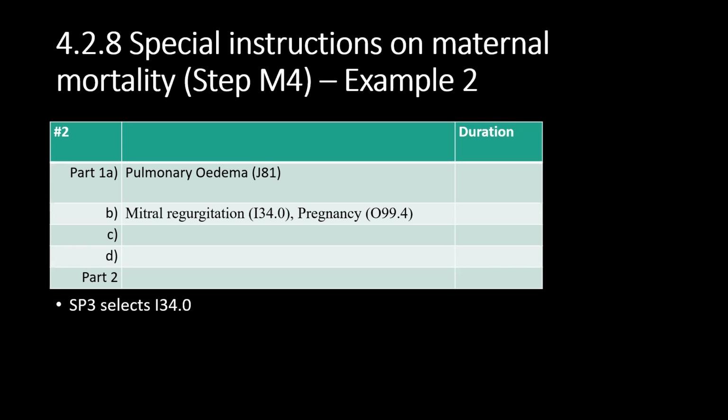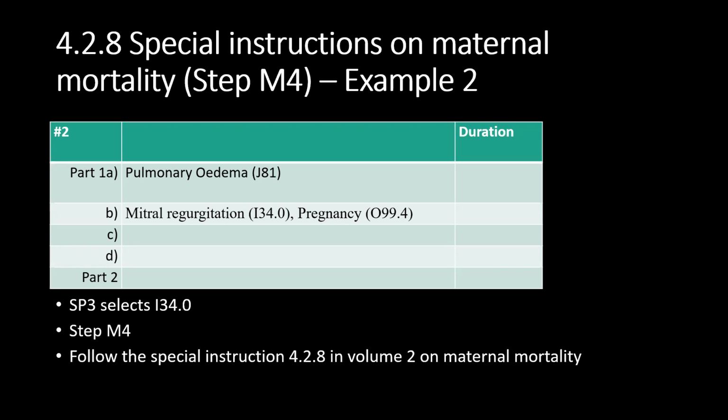You can apply SP3 and select I34.0 as the tentative starting point. And now you can move on to step M4 and follow the special instruction 4.2.8 in Volume 2 on maternal mortality.